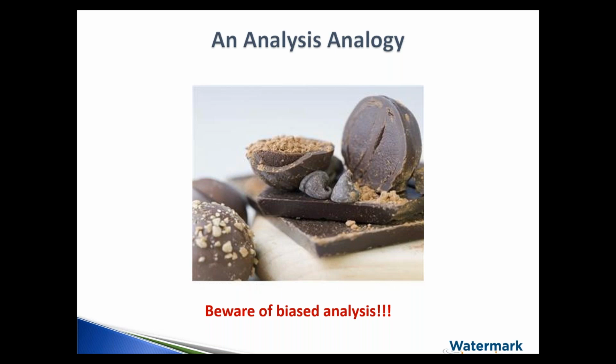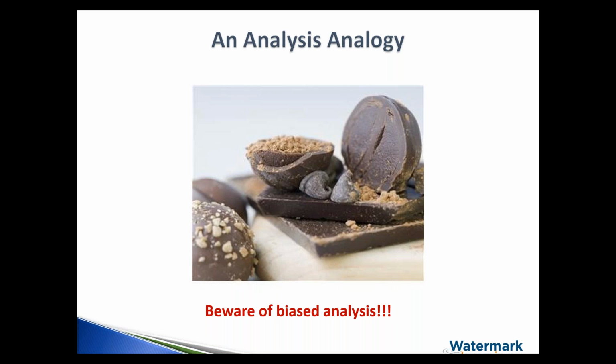So if I am going to do some root cause analysis and look at the data, what am I going to look at? I'm going to look at all the data that substantiates my claim that dark chocolate's actually healthy for you. That's one of the reasons why, as we're doing analysis for process improvement, we want to watch our biases, because we tend to look for information that supports our conclusions.